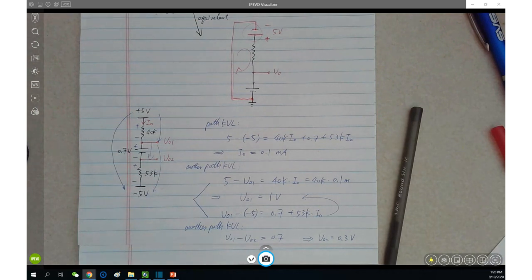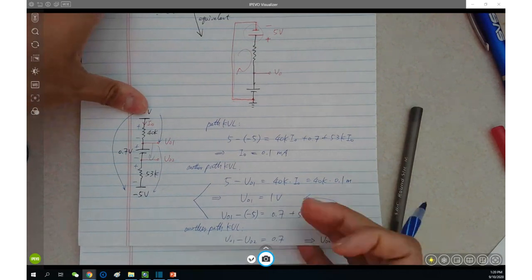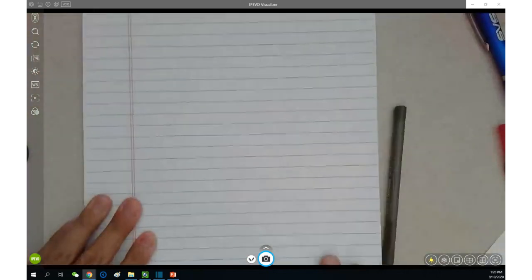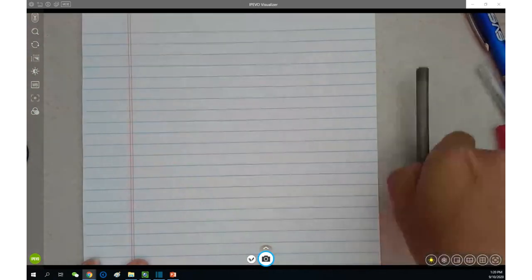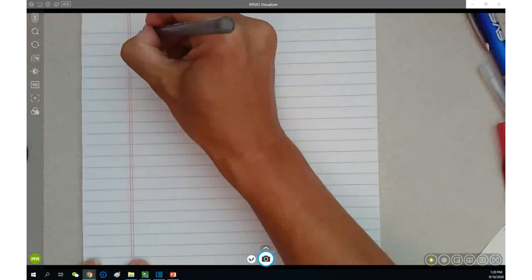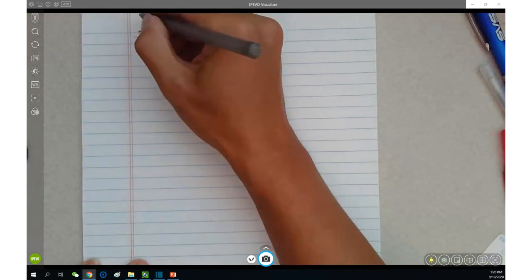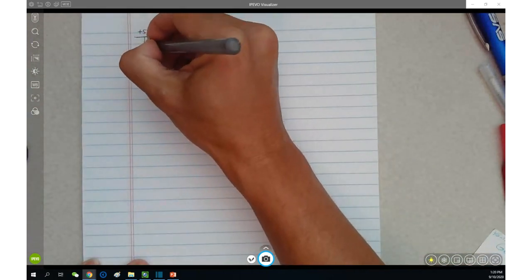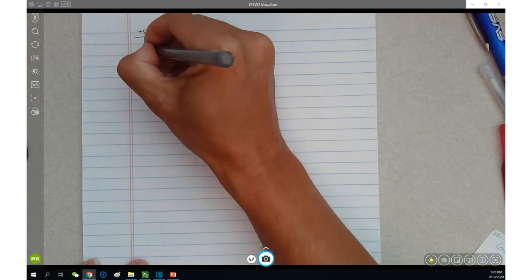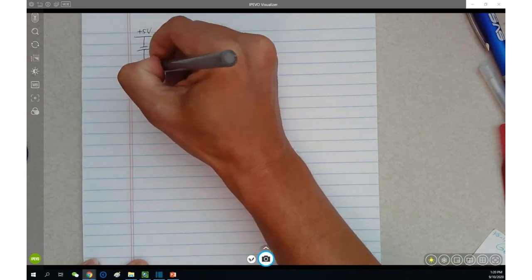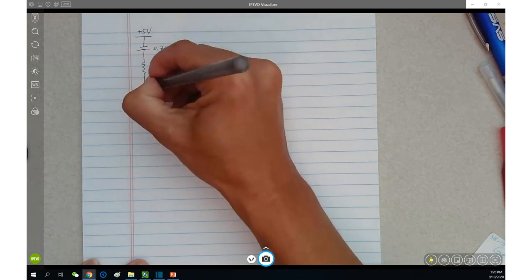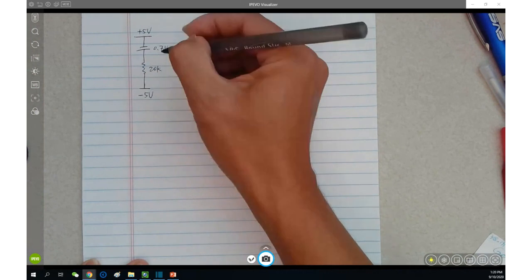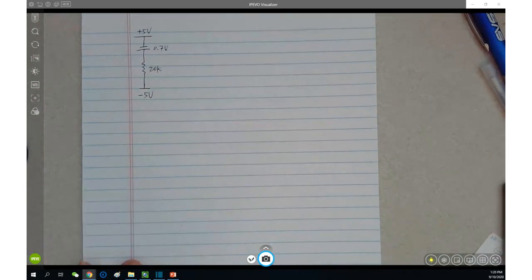All right, if this is fine, then one more exercise, and then we can move on to the next thing. So the third circuit is like this. Again, I'm trying to make the circuit look similar so that you can compare.